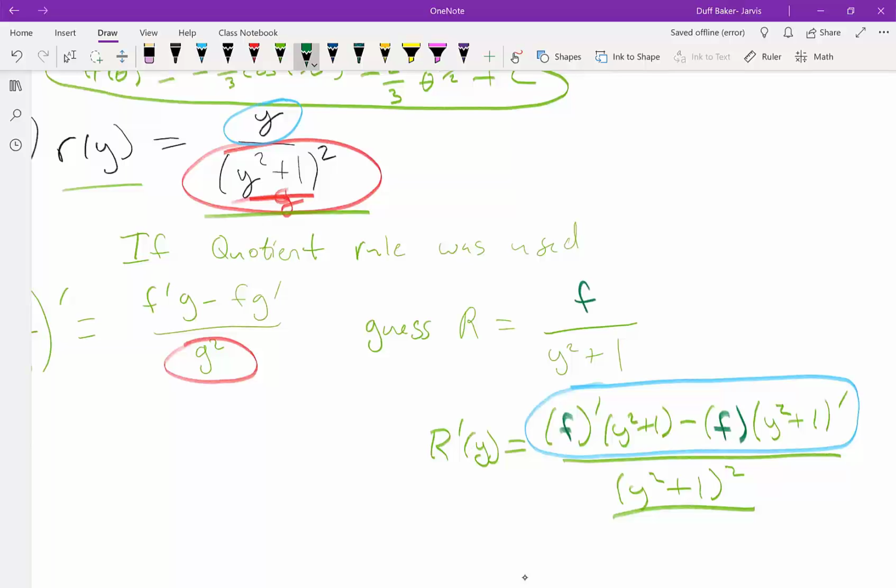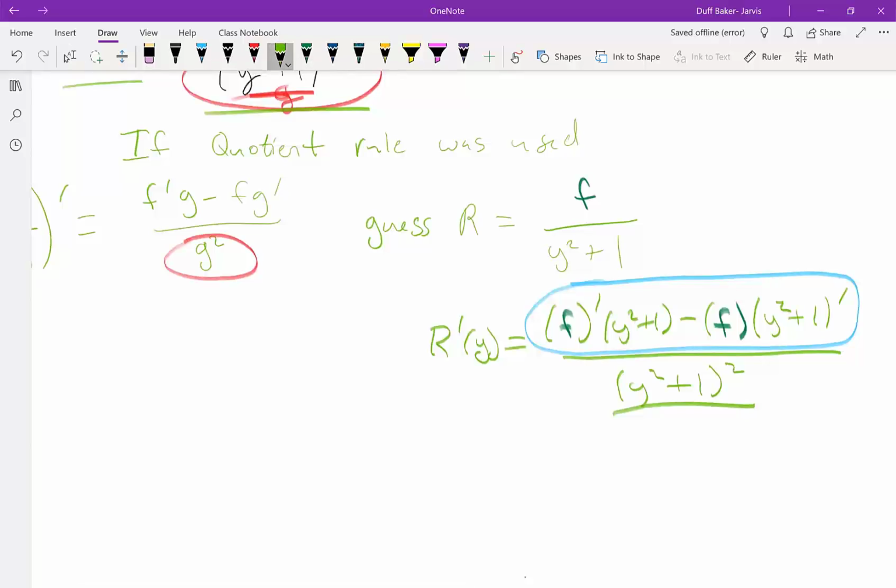So let's do a little simplification first. This would be f prime times y squared plus 1, and then we would have minus f times 2y.